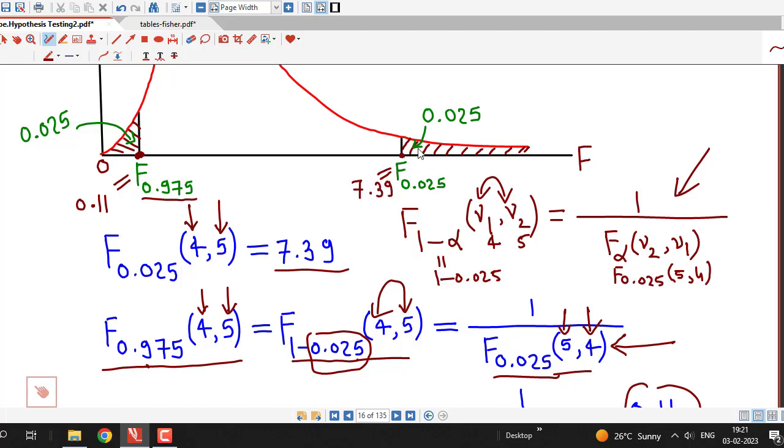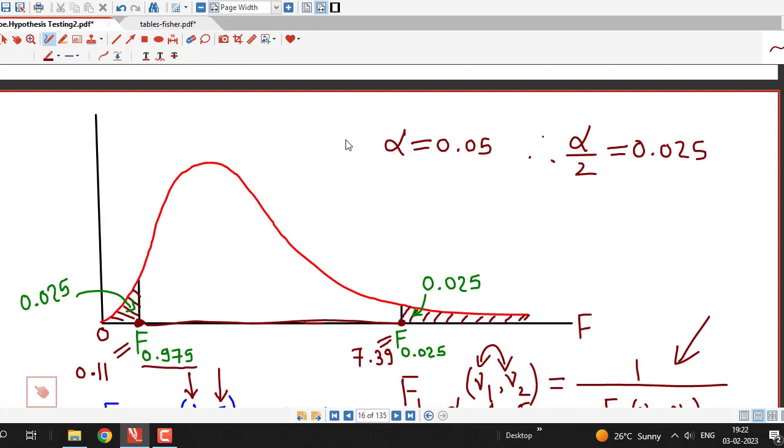This critical value is 7.39. Now we compare our test statistic value with these two critical values. If the test statistic value is to the right of this or to the left of this, then we are in the rejection region and we will reject the null hypothesis. But if the calculated value of the test statistic is in between these 2 points, then we will not be able to reject the null hypothesis.